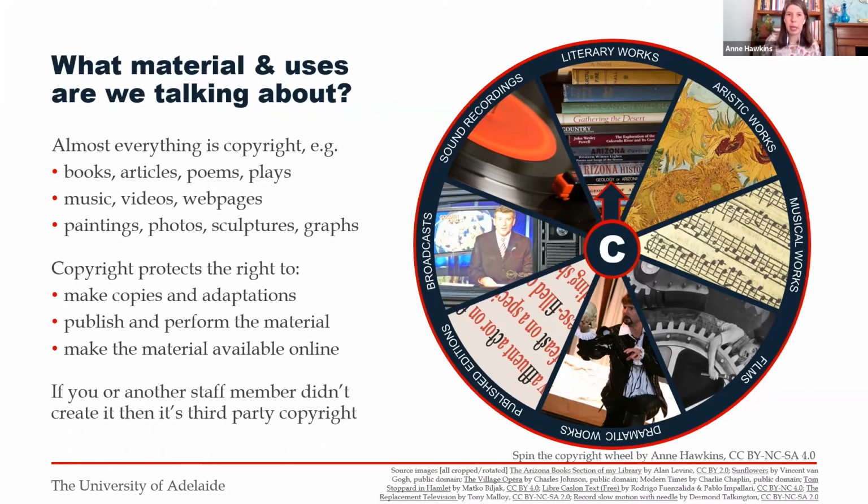If it's something you or another university staff member created for teaching, as a part of your employment, then the copyright should belong to the university and you can use it. However, if it's something created by a third party, for example, a commercially published textbook, a television documentary or a picture you found on a website, then the following information applies.